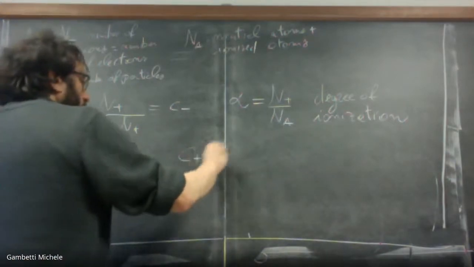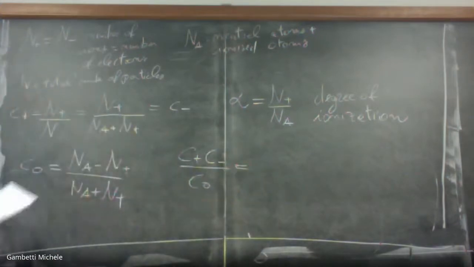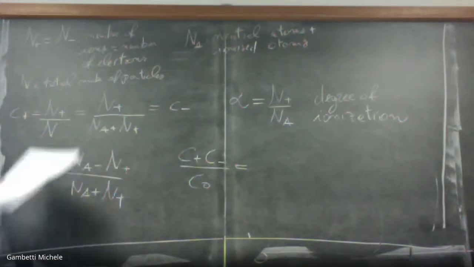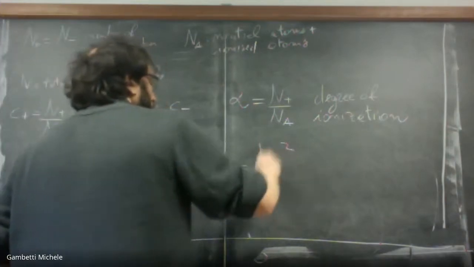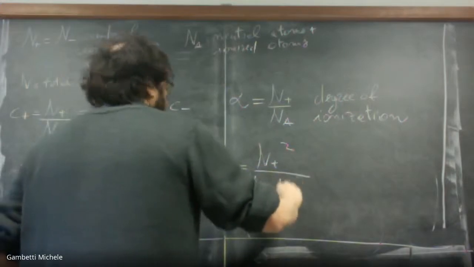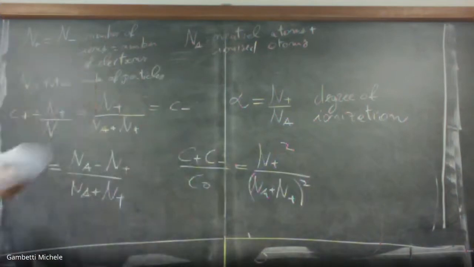Now I can compute C plus C minus divided by C0 by introducing these quantities. So this is the square of this quantity, which is N plus squared divided by Na plus N plus squared, which is this guy here.